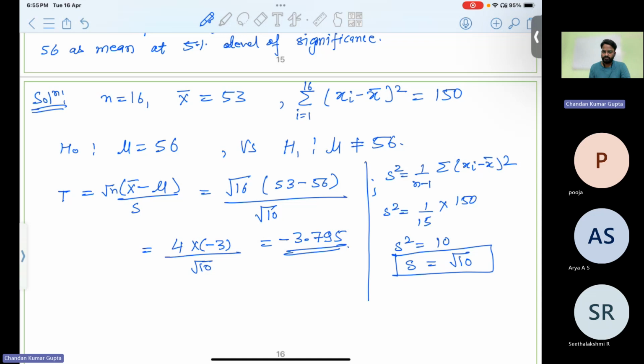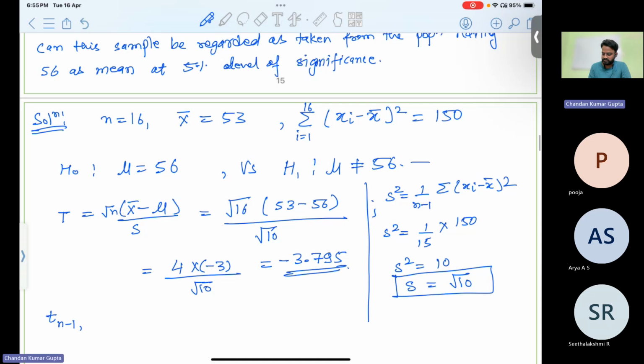Now the tabulated value of T at n minus 1 degree of freedom. Since it is two-tailed, it's alpha by 2, that is T at 15 degrees of freedom at 0.025. This value is taken from the T table, and it is about 2.13.